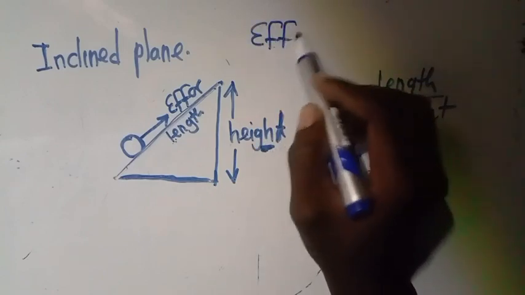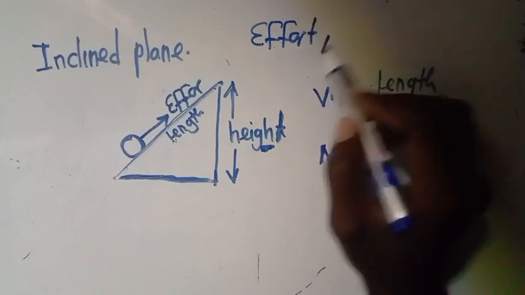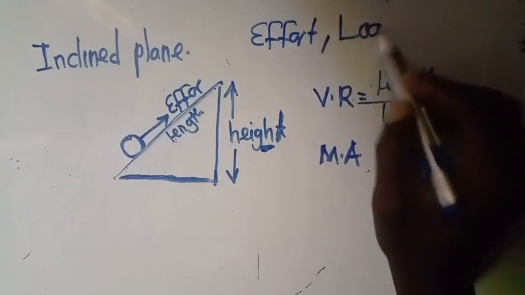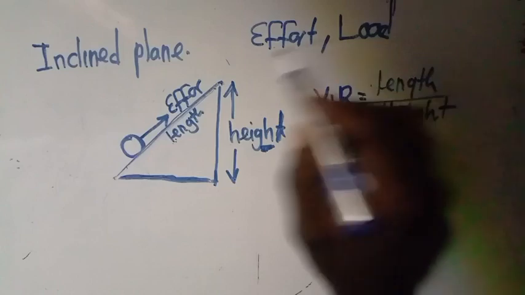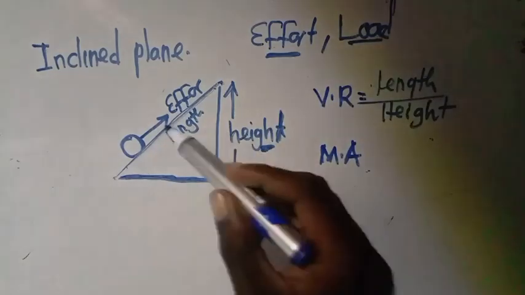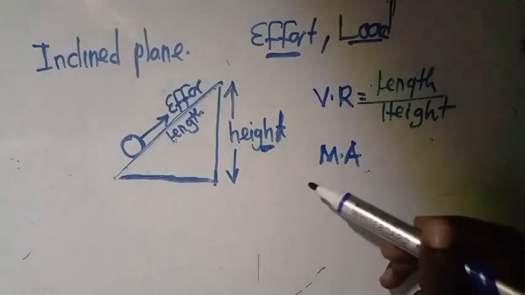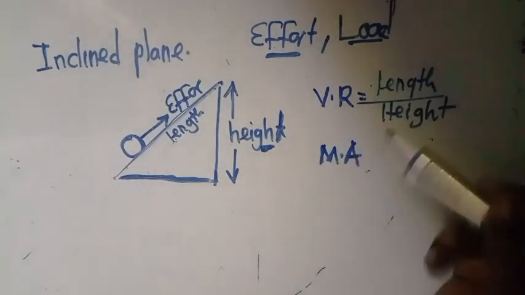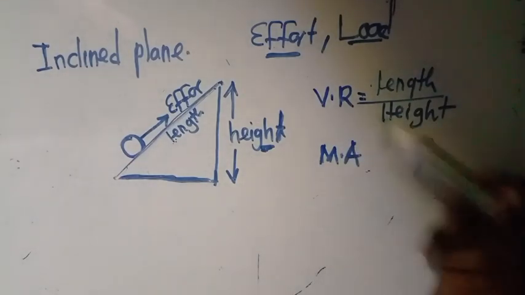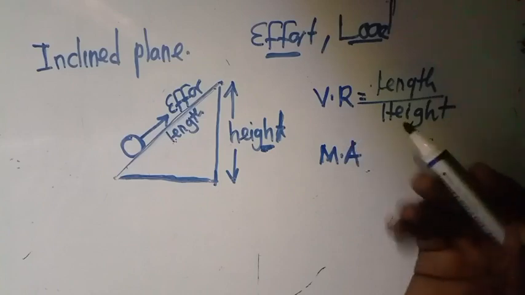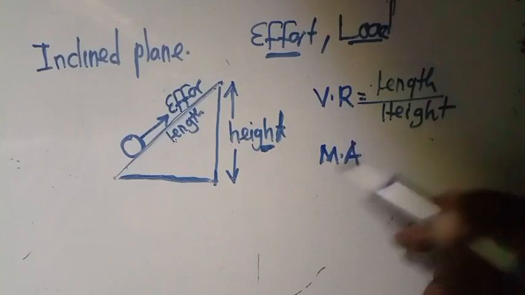So whenever you are talking about effort or loads, whenever you've got these two, that's when you get to apply them. But in this case, have you seen, we are talking about distance. So even the formulas, we are supposed to look at distance. You use them according to what you are given.